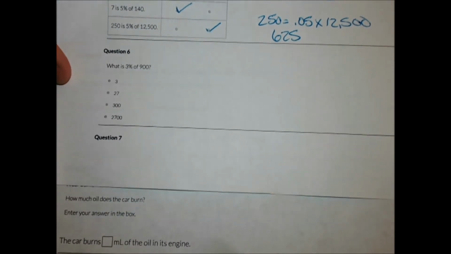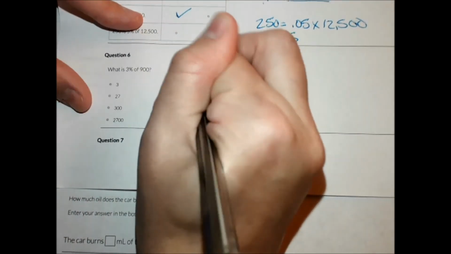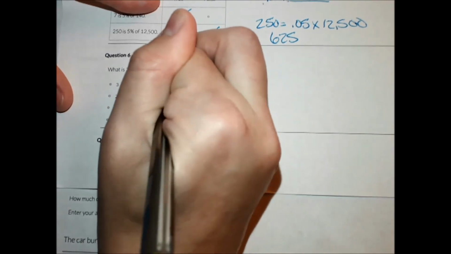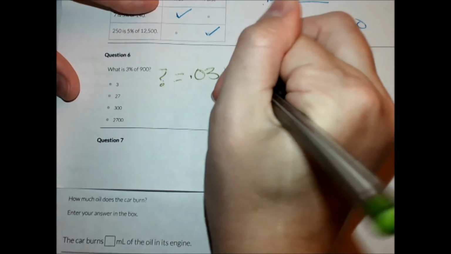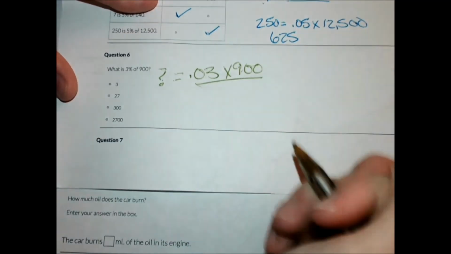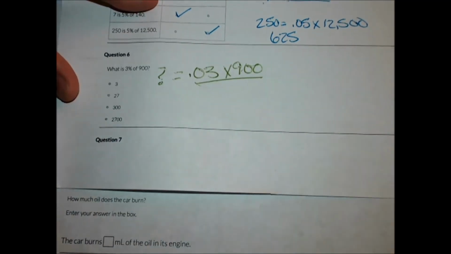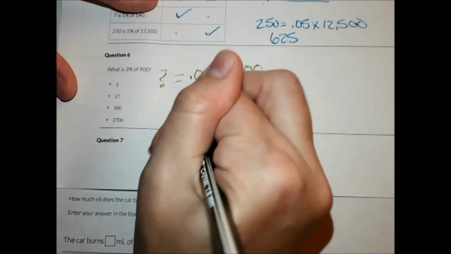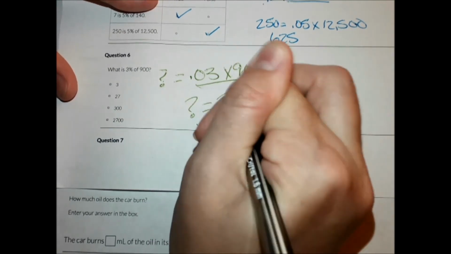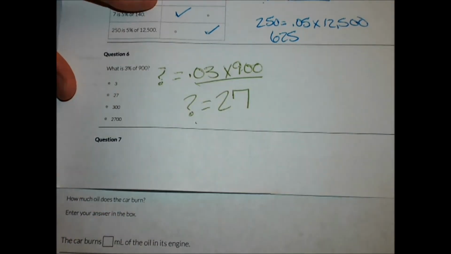Number 6. What is 3% of 900? All you have to do is multiply 900 times 0.03, and you do get 27.